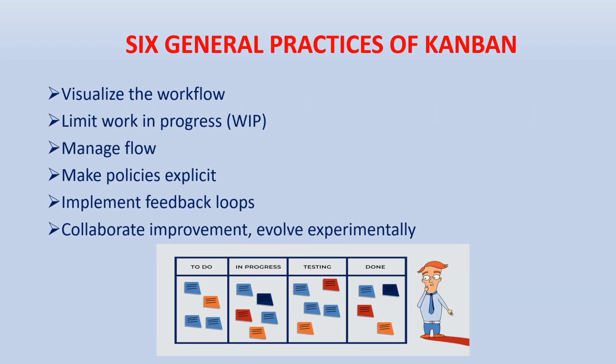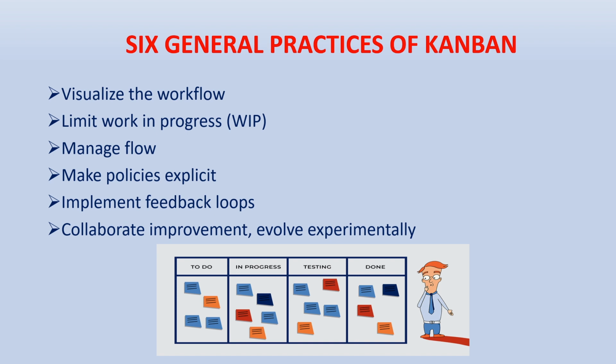The general practices of Kanban: visualize the workflow, limit work in progress. We can easily visualize the workflow using the Kanban board. Limit work in progress means in all these statuses, we can put a limit. Kanban has a popular quote, which is stop starting, start completing.